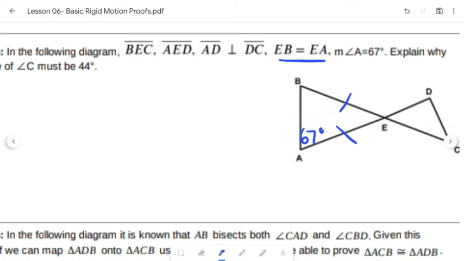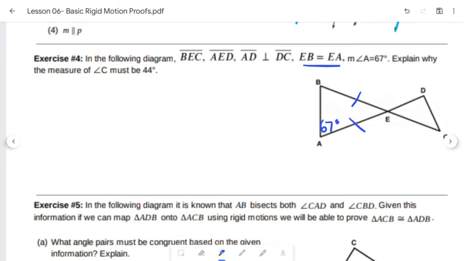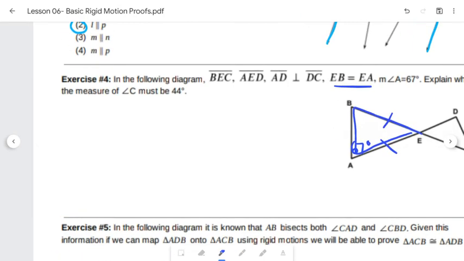Well, one thing I should notice when I have two sides congruent like I do here is that we should know this is a specific type of triangle. That triangle, AEB, is isosceles.